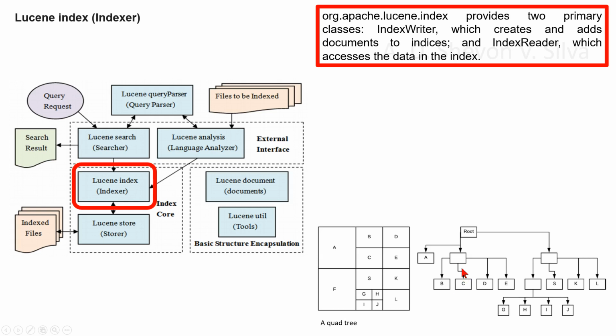Quad trees are great for searching two-dimensional spaces. For example, given a two-dimensional space, to find the point closest to the given coordinates, a simple traversal of the quad tree will lead to the result.